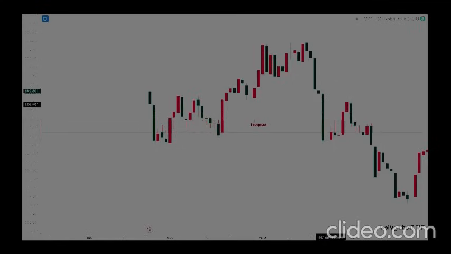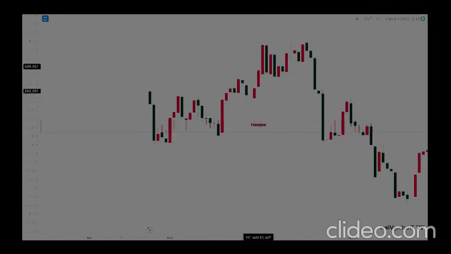But having a big move like this with no selling or bearish candlestick, only bullish candlesticks, means there is imbalance in the market.